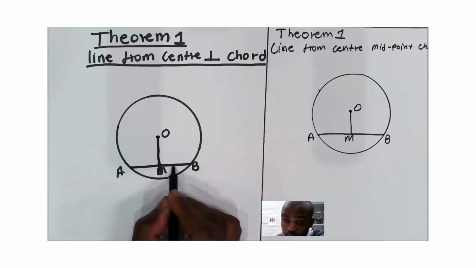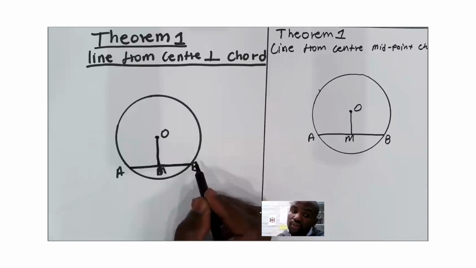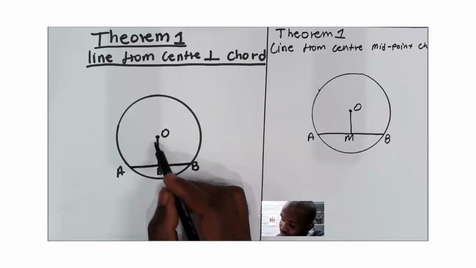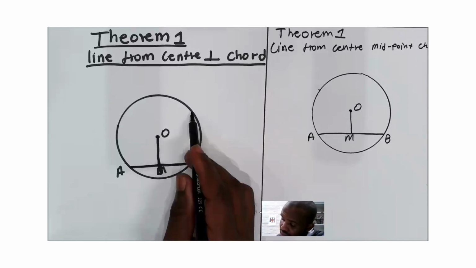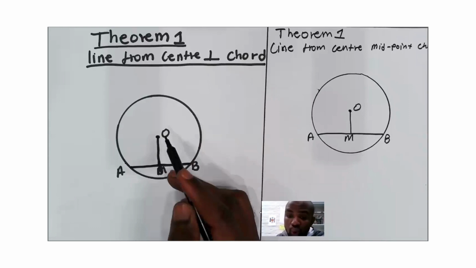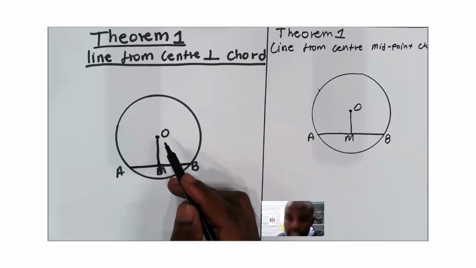So a chord is a line esuka from circumference going to another circumference, but doesn't pass the radius. If a line passes the radius from one circumference to another circumference, then that one is no longer a chord, it's a diameter. I hope you see the difference between a chord and a diameter.